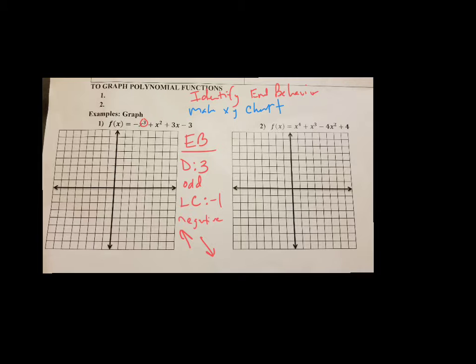Right? So now I'm just going to pick some points. I'm just going to pick -2, -1, 0, 1, and 2. I'm going to plug it in. So wherever I see an x, I'm going to put -2 in parentheses.